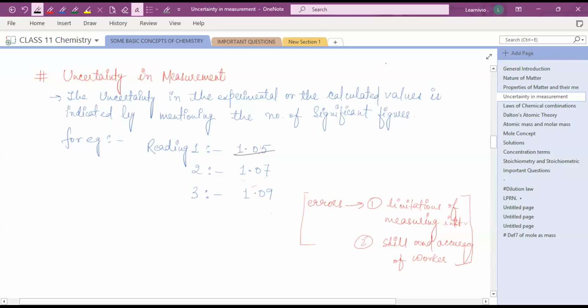For any experiment, first reading is 1.05. Second reading for the same experiment, you repeat it a second time, and you got 1.07.